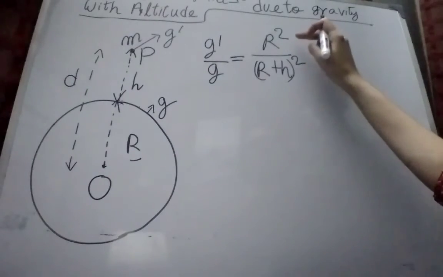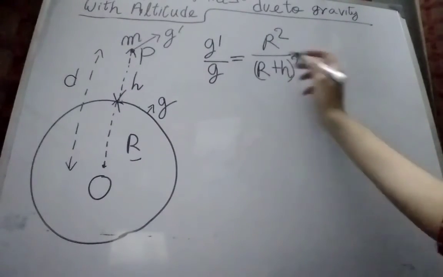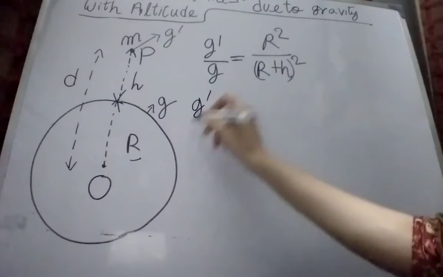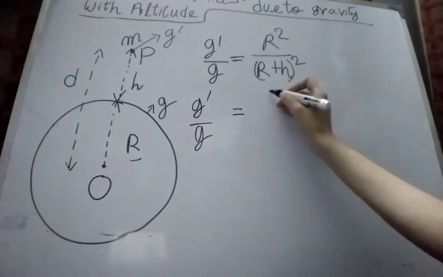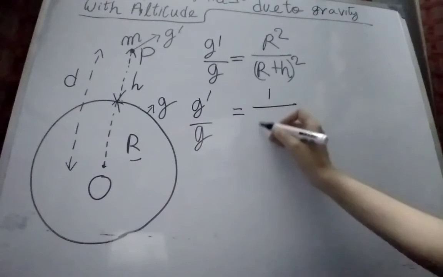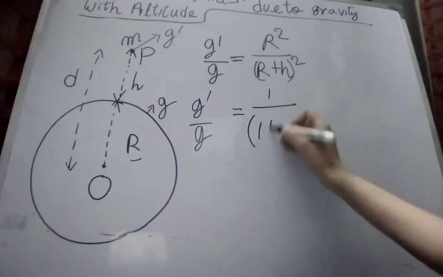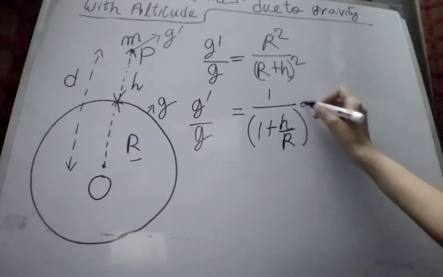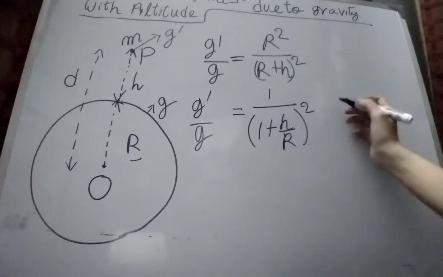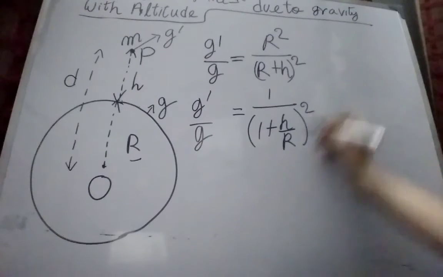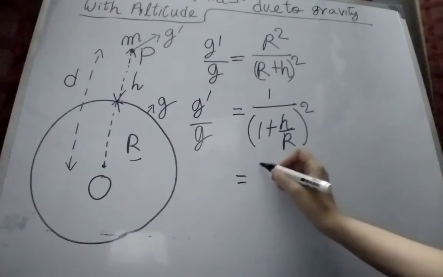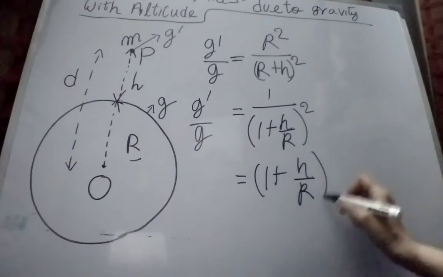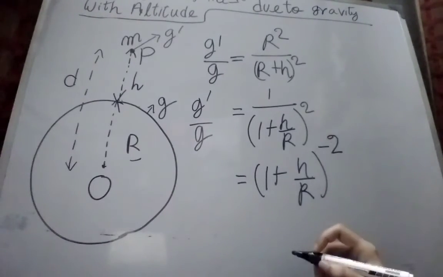Divide the numerator and denominator both by R square, and we will get g dash by g equals 1 by (1 plus h by R) square, that is, (1 plus h by R) to the power minus 2.